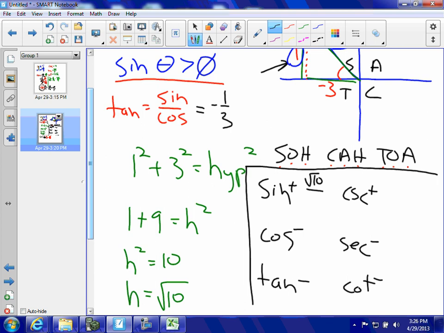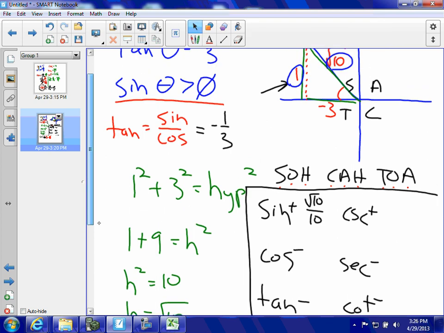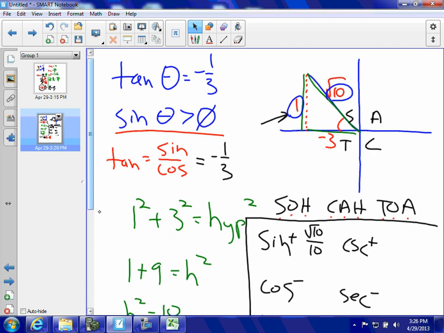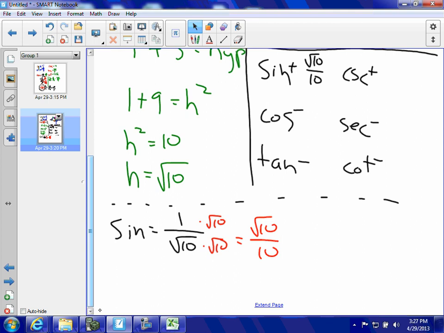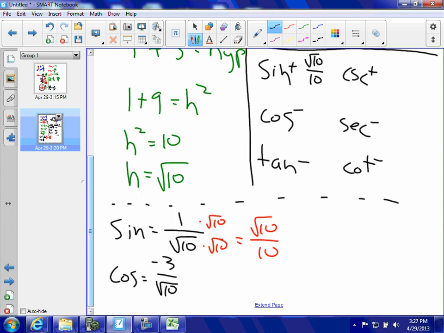Radical 10 over 10. Cosine is going to be the side adjacent to my reference angle over the hypotenuse, so negative 3 over radical 10. Let's rationalize the denominator.